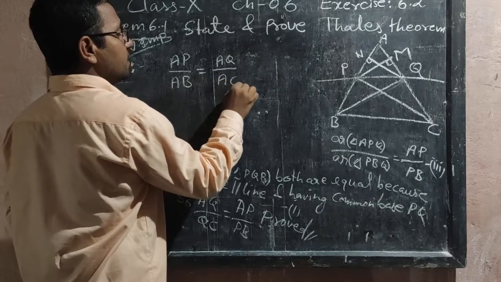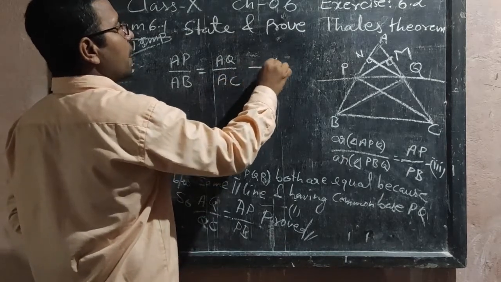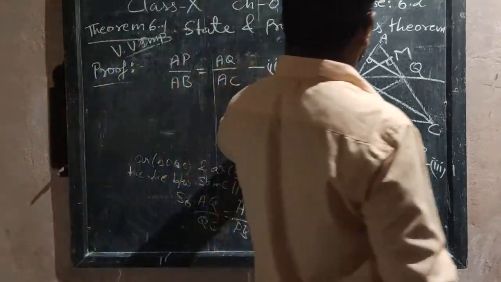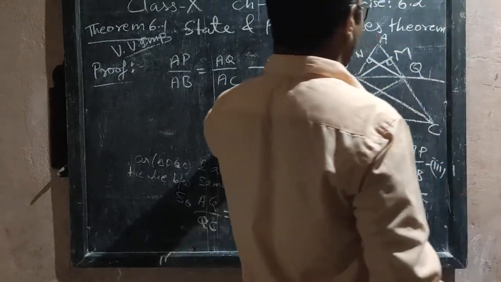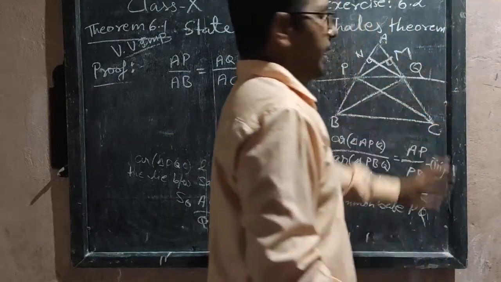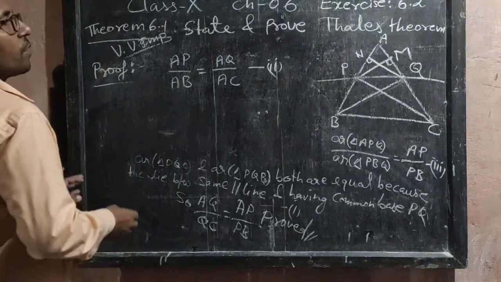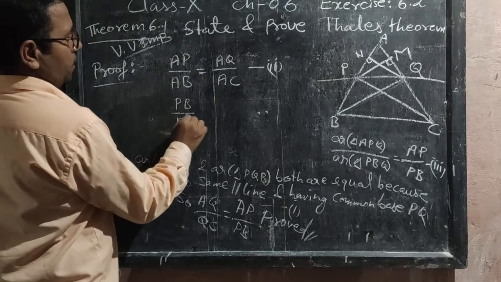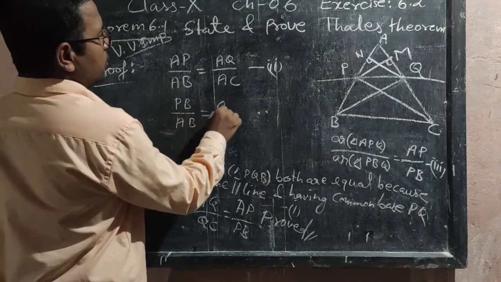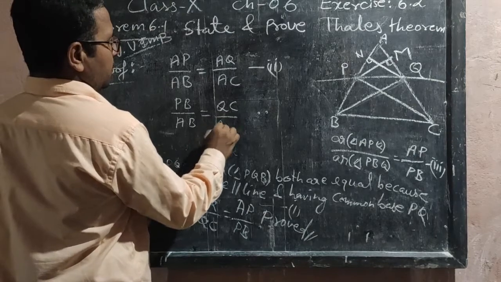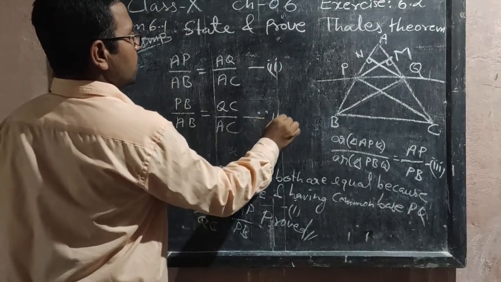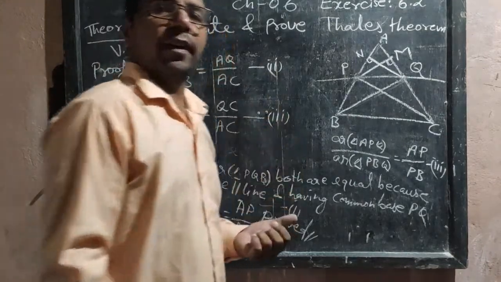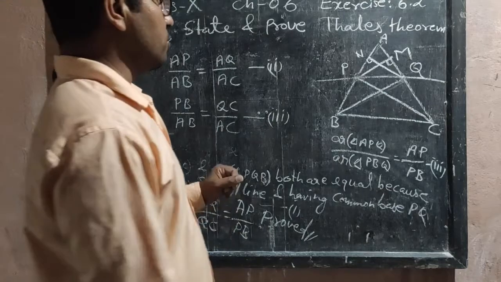This is the second part, both are equal. Next we can write PB upon AB and QC upon AC. So PB upon AB is equal to QC upon AC. These are the conclusions from one part; we can run the same on the remaining two parts also.